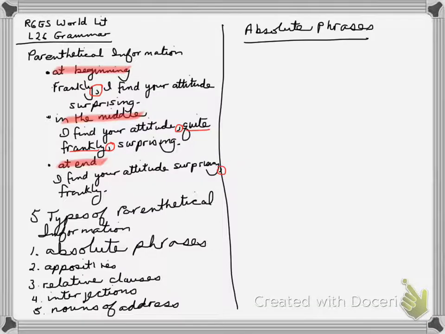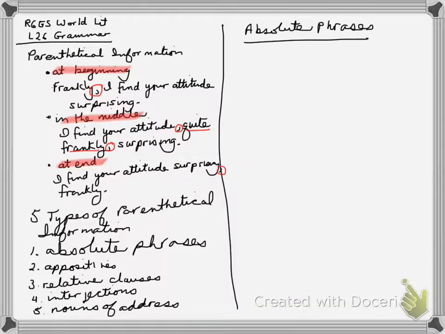It is always considered a parenthetical element, so it is always set apart by one or two commas, two if it's in the middle of a sentence. We might sometimes use dashes instead of commas to highlight the absolute phrase more dramatically.